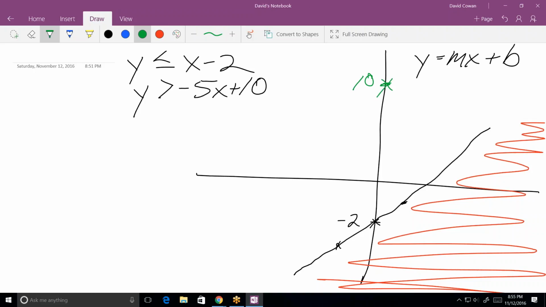Is this going to be a dotted line or a solid line? This is going to be a solid line. No, it's greater than. So it's dotted. The only time you have a solid line is if it's greater than or equal or less than or equal.